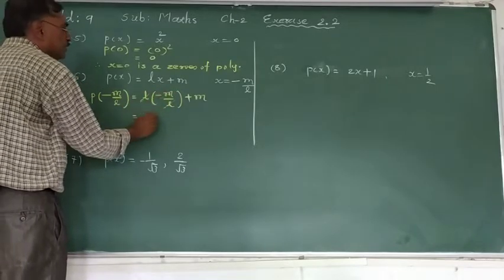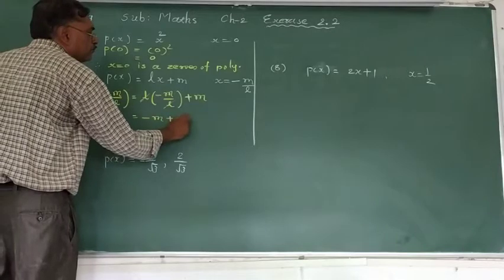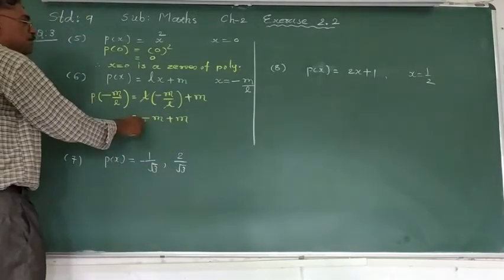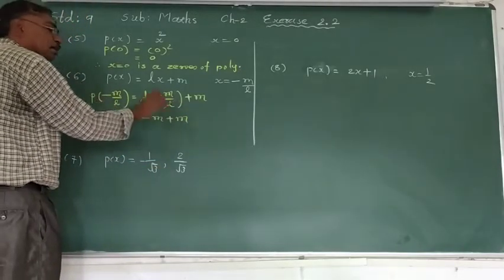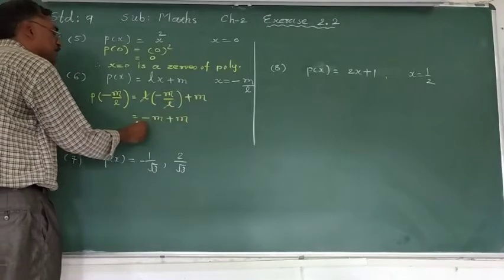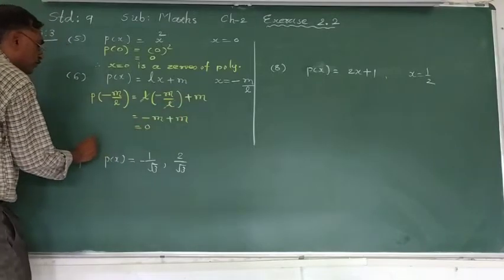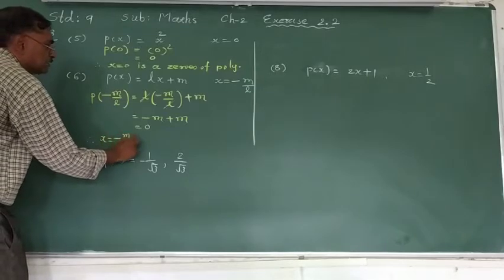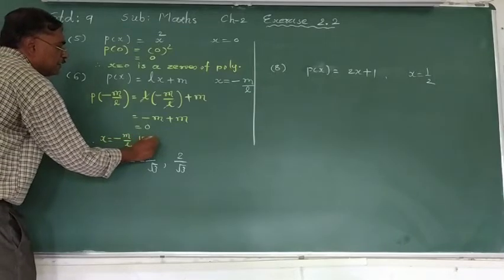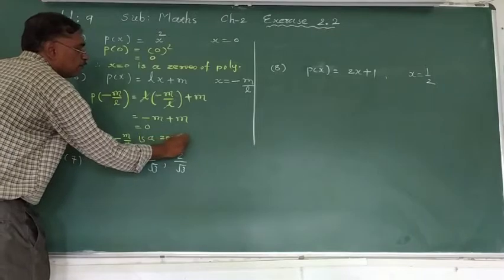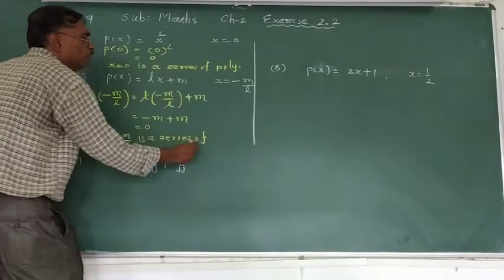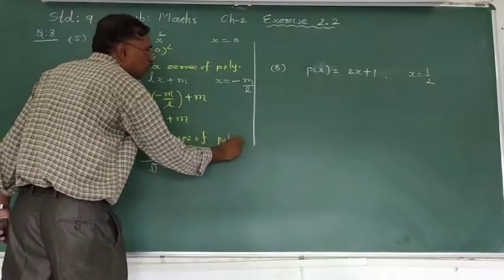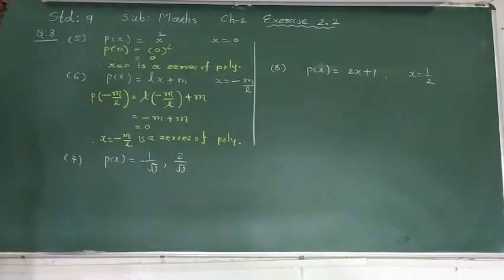We will obtain now minus m plus m, which will be cut, or in other language we can say m minus m equal to 0. Therefore, x equal to minus m upon l is a zero of the polynomial.